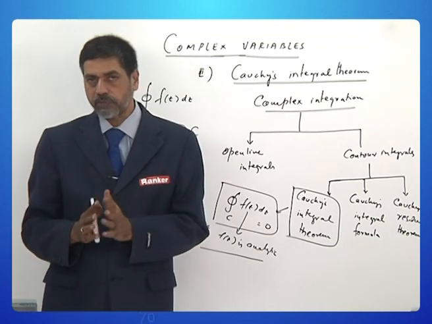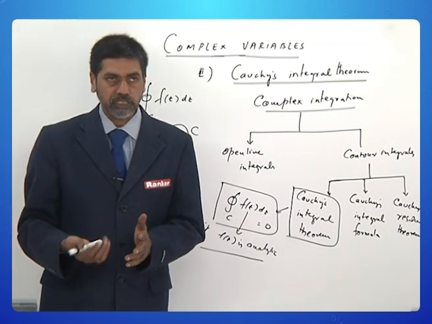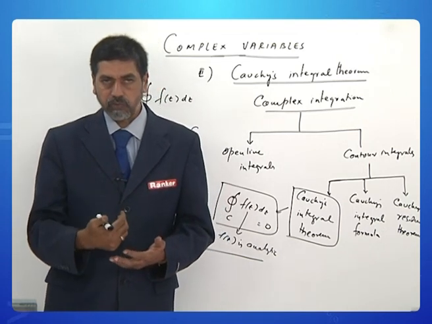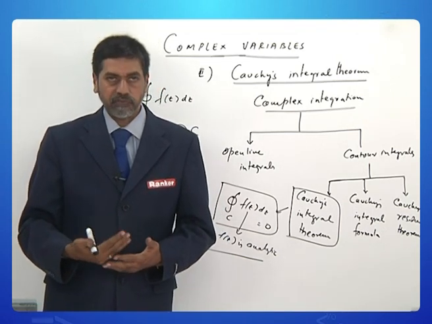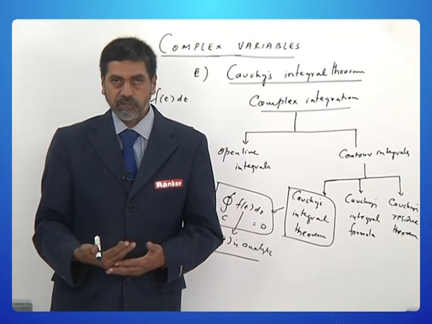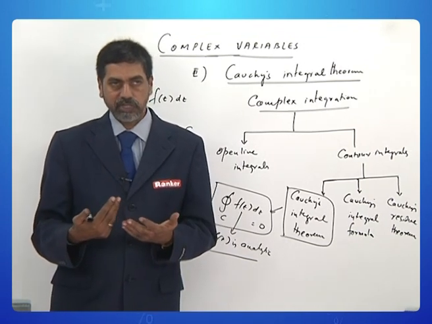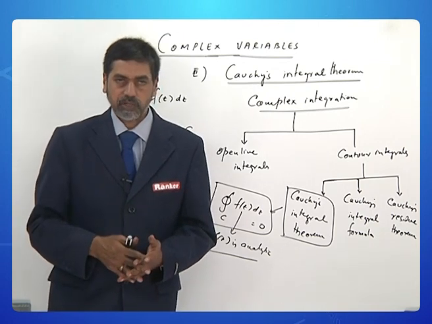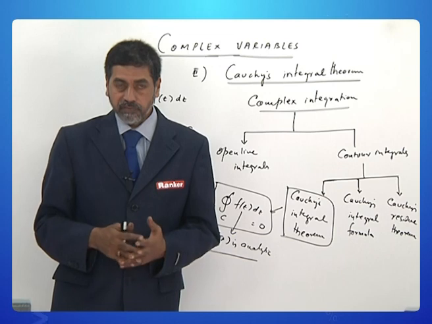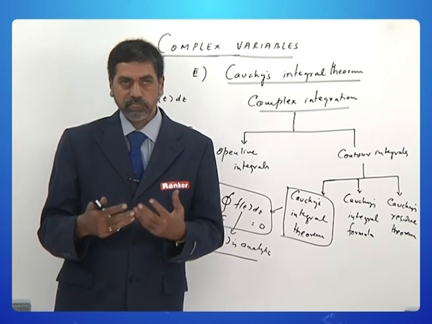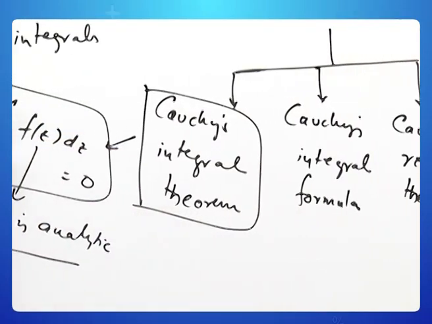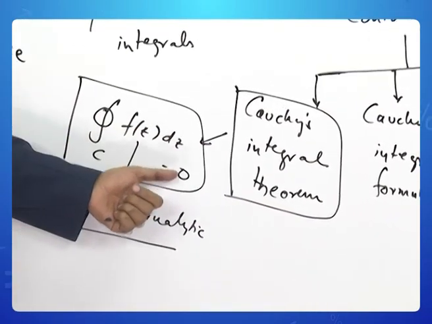A function is said to be analytic when it has got no singularities in the given region. A singularity is a value of z which will make the function undefined. For example, if you take f of z equal to 1 by z plus 1, we say it has got a singularity at z equal to minus 1. So, if there exist no singularities inside the contour, then the Cauchy's integral theorem says integral f of z dz will always be 0.